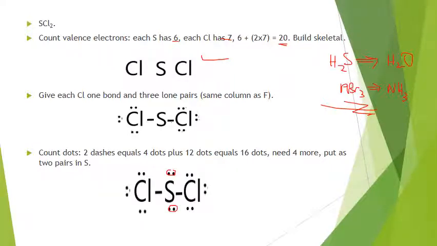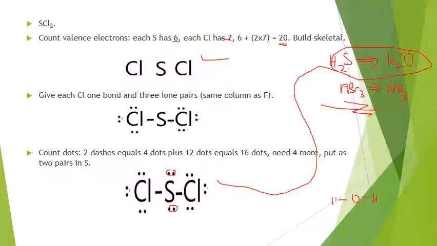Now if you look at this structure, it actually looks quite a bit like water. The center atom has 2 bonds and 2 lone pairs, so a lot of the same properties will apply as with water.